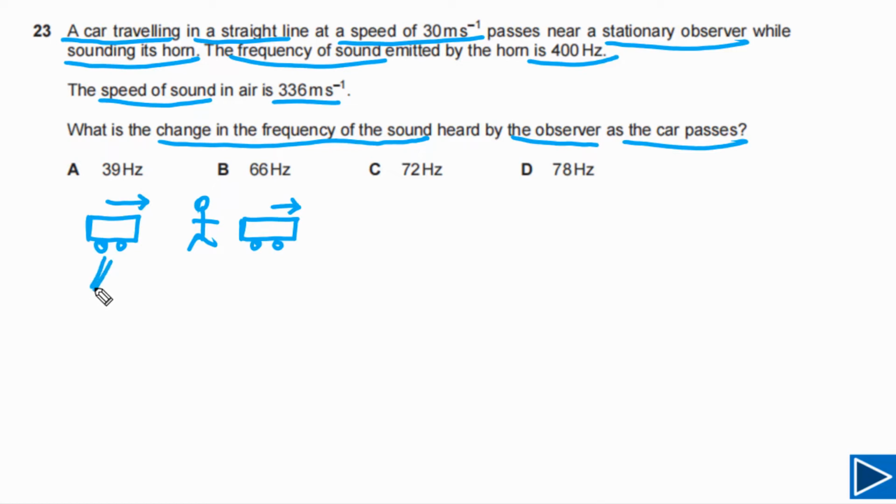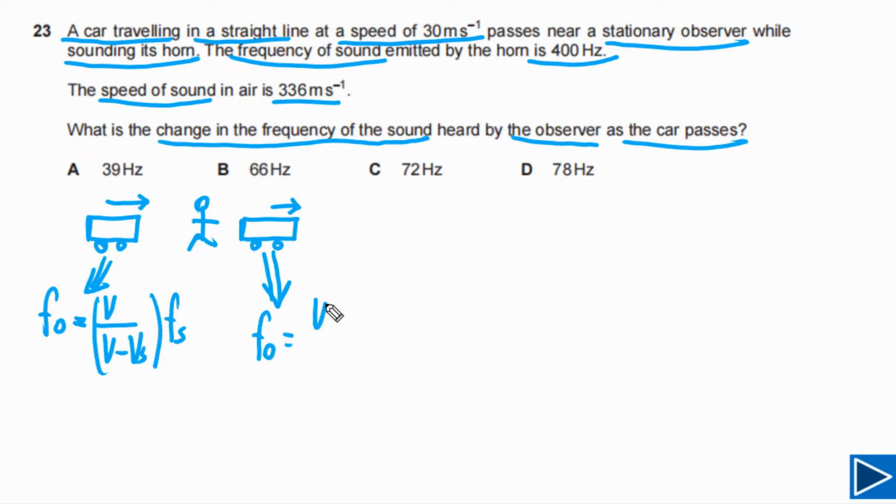So the first thing we need to understand: when the car is approaching, we can find the observed frequency by the observer. So f observed will be equal to v over v − vs times the frequency of the source. And for the second case, when the source is moving away from the observer, we can also find the observed frequency. This will be equal to v over v + vs times fs.